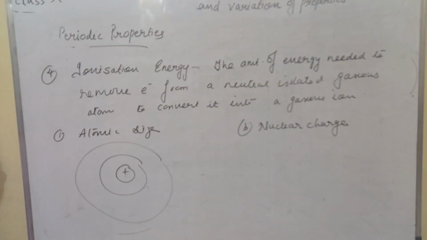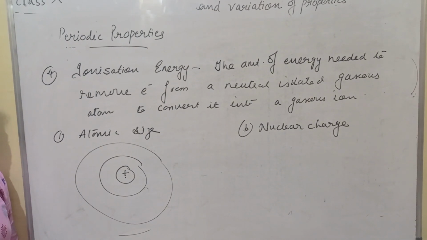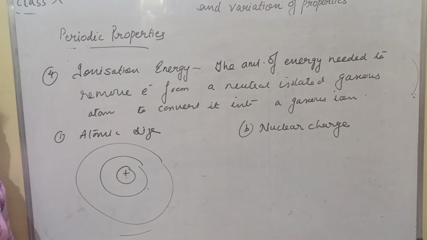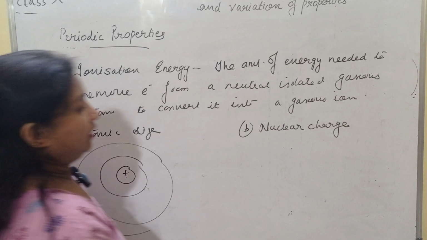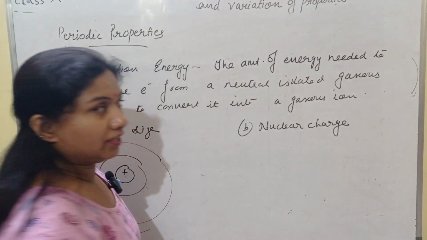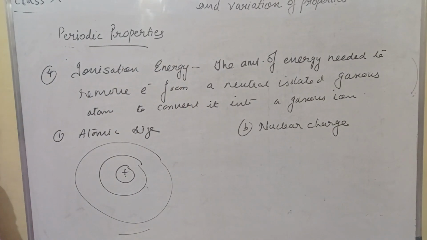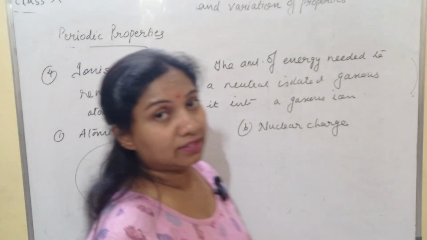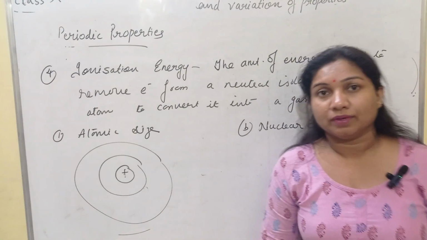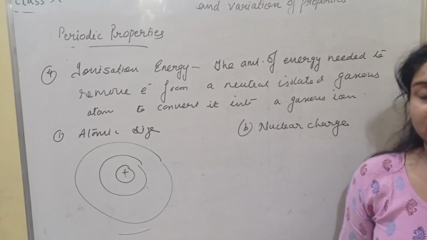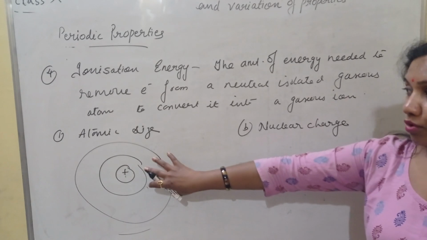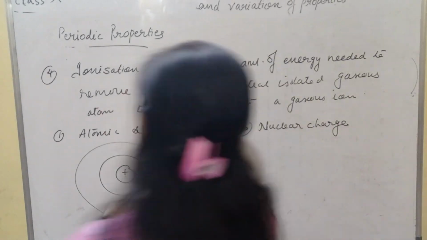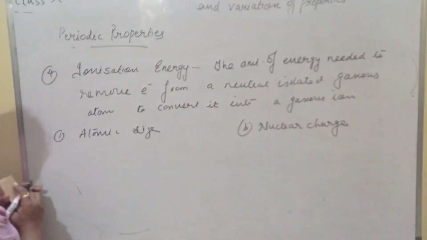So the more the atomic size, the lesser is the ionization energy, because the electron will be removed easily. And if the nuclear charge is more, the nuclear pull on the electron is greater. As a result, removal of the electron will become difficult. So the more the nuclear charge, the more is the ionization energy.